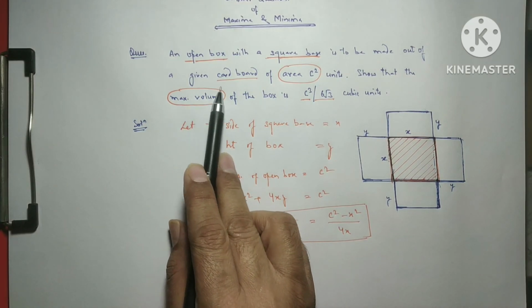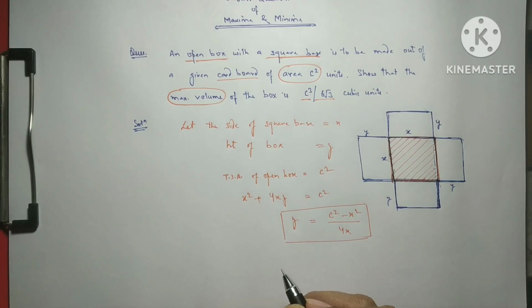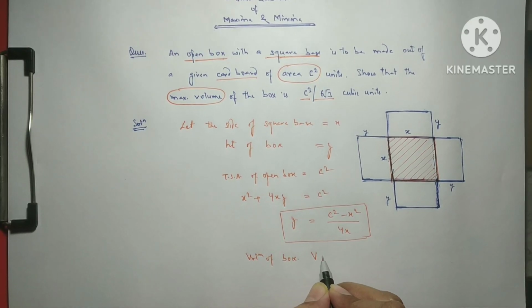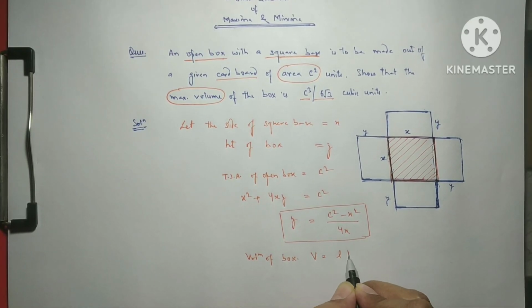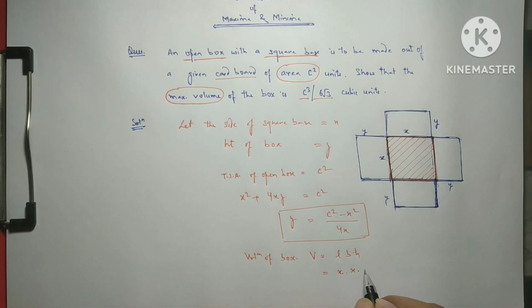Initially we will take the volume, and the volume of a cuboid will be L into B into H. So the volume of the box V equals L into B into H. So it is base x, x and height is y, so it is x square y.